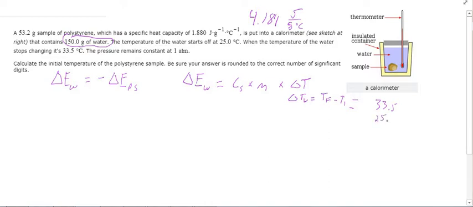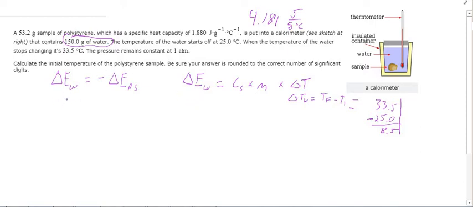It started out at 25 degrees Celsius, so that is going to give us 8.5. So we're going to have two sig figs. It's going to feature into our calculations right here.